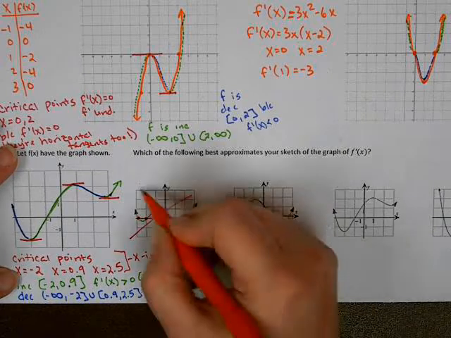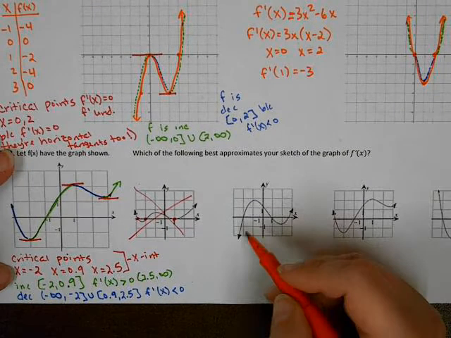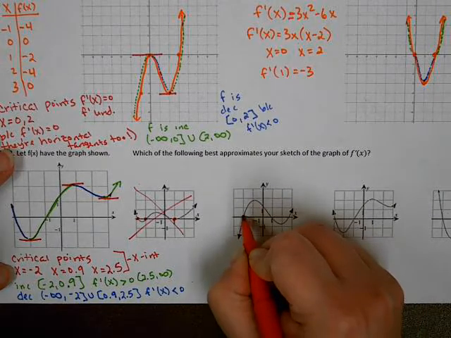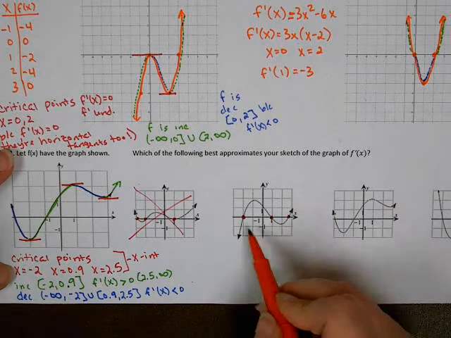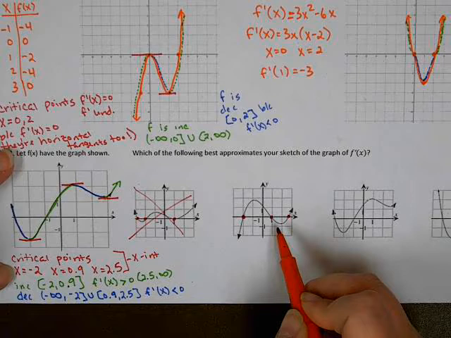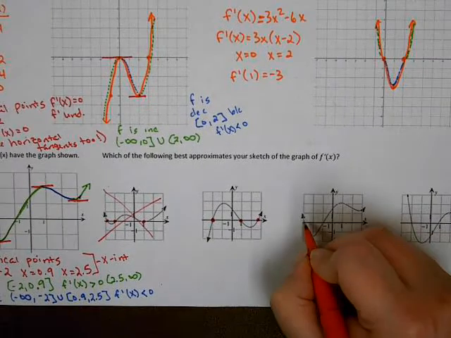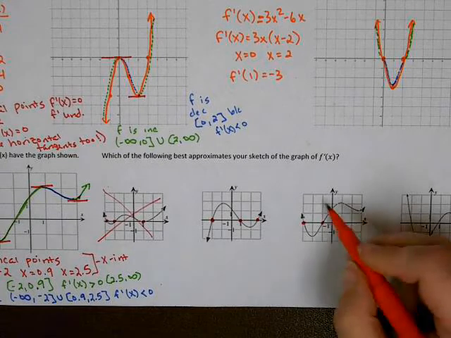So right away, I can tell that that graph doesn't make sense. All right, for the second one, I have critical points or x-intercepts at those values, negative 2, roughly 0.9, roughly 2.5. So that one's pretty good. Let's look at the next one. I have critical points here, here. Well, that definitely doesn't work.